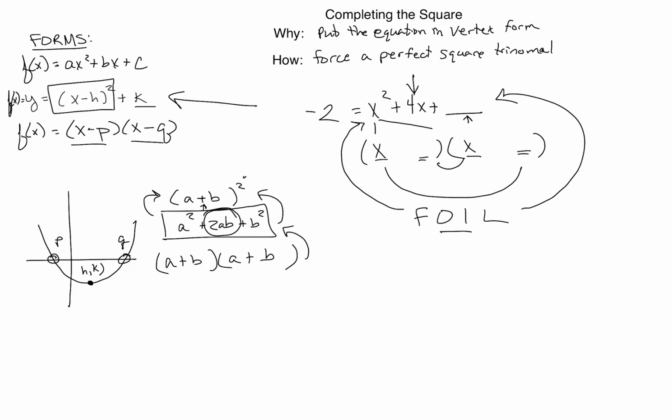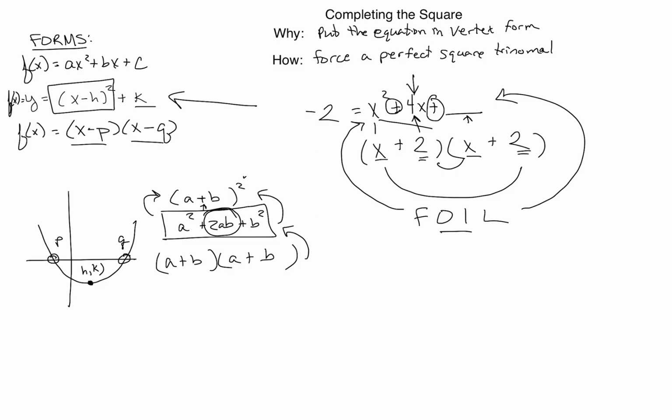We have 2 of them that must add up to be 4. So we ask ourselves, what 2 numbers that are exactly the same add up to be 4? And we can say that's 2. 2 plus 2 adds up to be 4. And the signs are positive because our sign has to be positive 4.